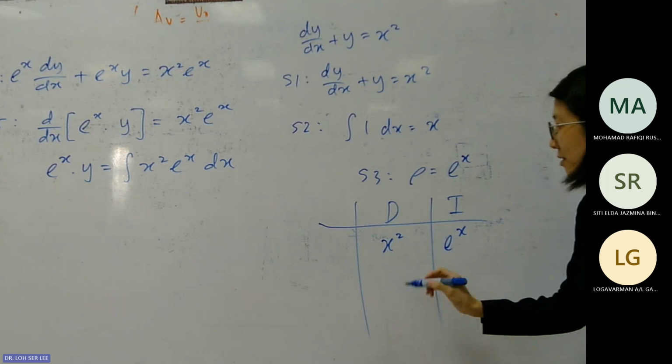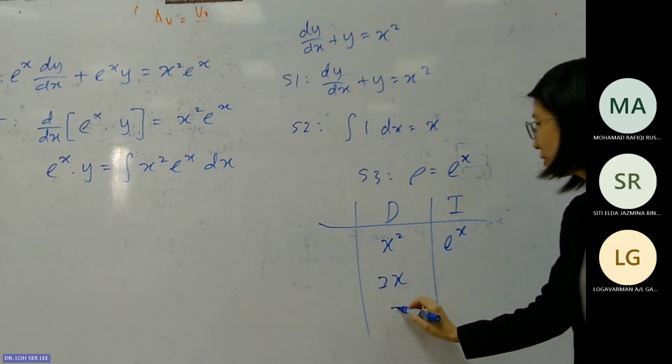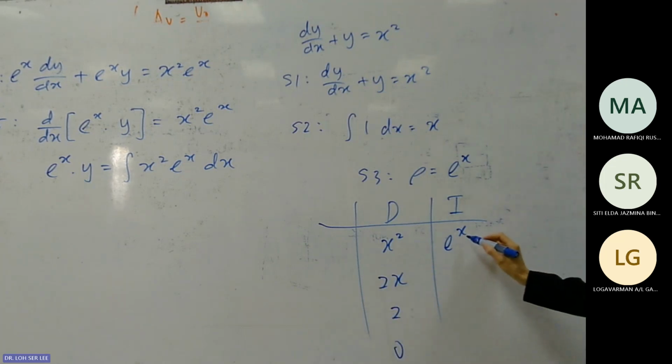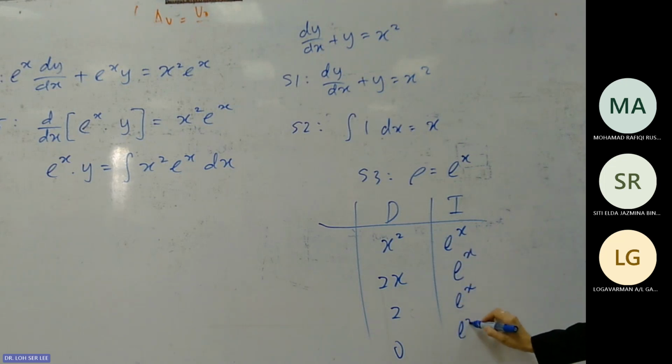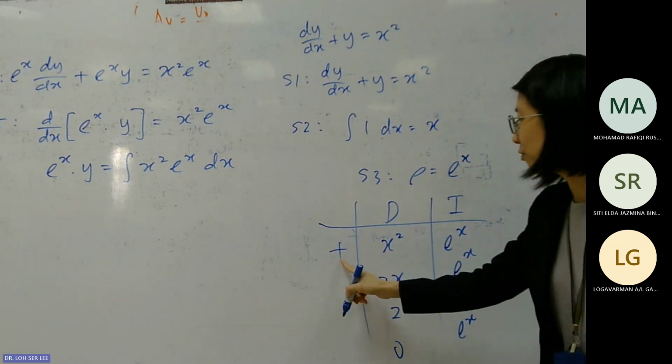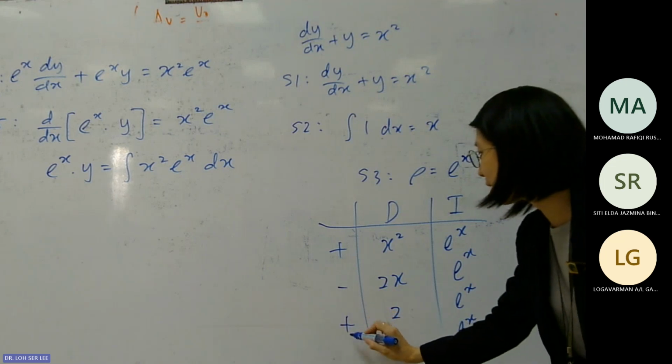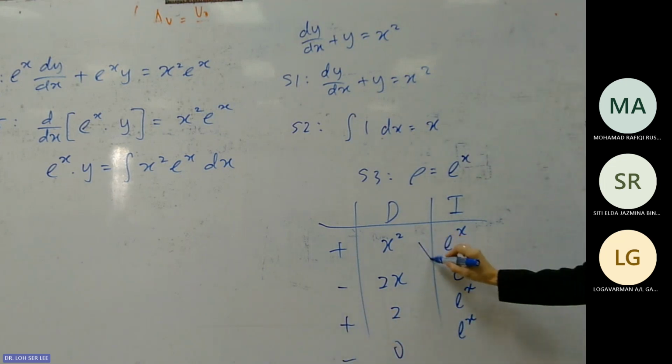Differentiate x squared until you get 0. Integrate e^x three times, you get the same function. Start with plus, alternating sign: plus, minus, plus, minus.